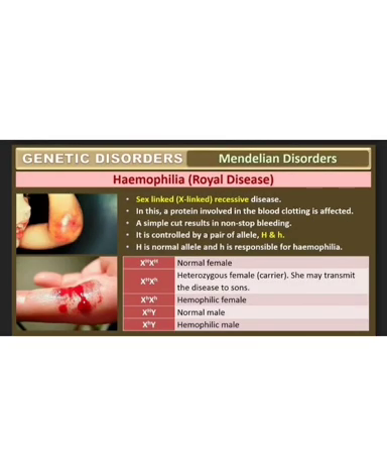Hemophilia is a Mendelian disorder. It is a sex-linked recessive disease. Sex-linked recessive means the defective gene is located on the X chromosome.